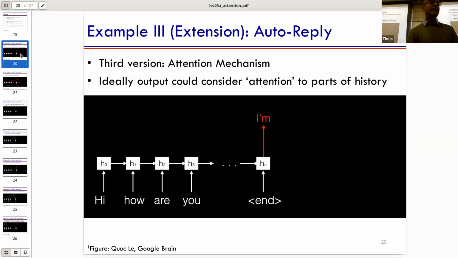It is the notion of trying to use all the other hidden vectors that we computed also to potentially generate each one of my decoded responses. So if my decoded response has 4 words, let's say, I'm doing 4 iterations.